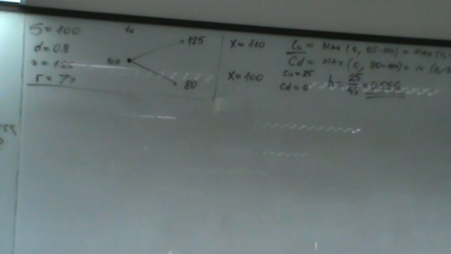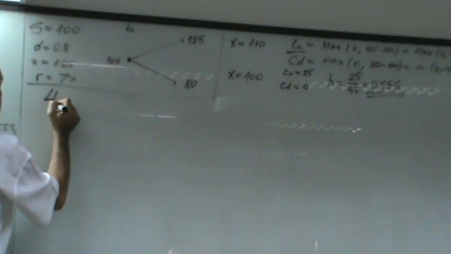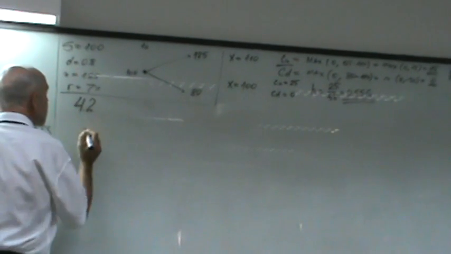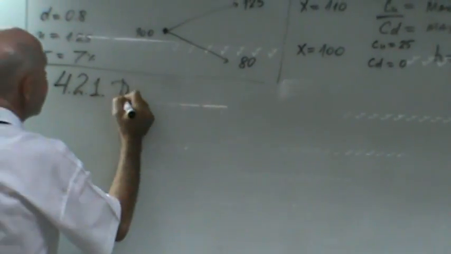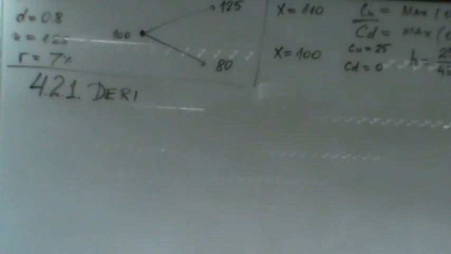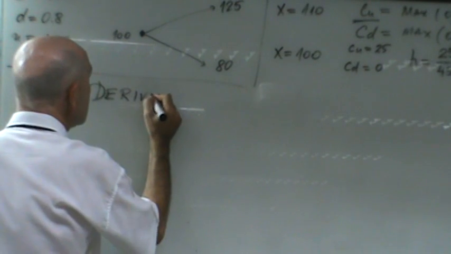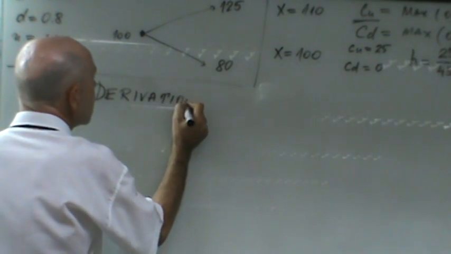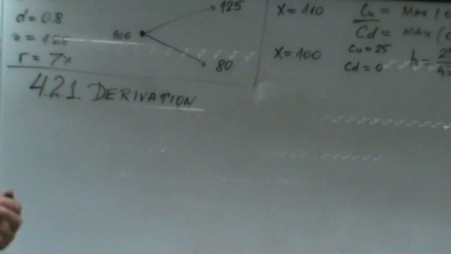Two-period model. So, chapter 4, section 2, and subsection 1 is, I'm not going to go to the great details. We did the major derivation, but we got something like a derivation over here. Let's see what's the derivation, what's the formula, how we go about it.